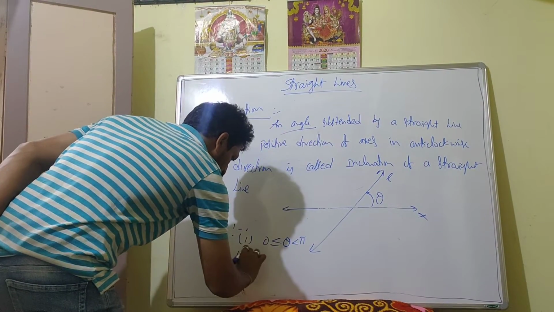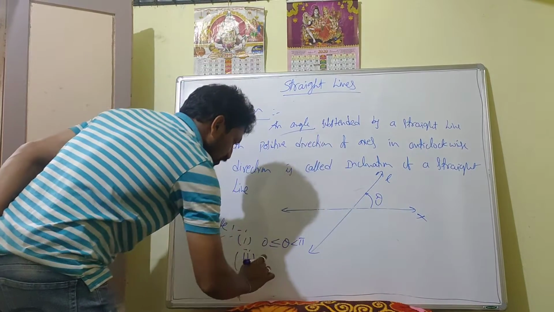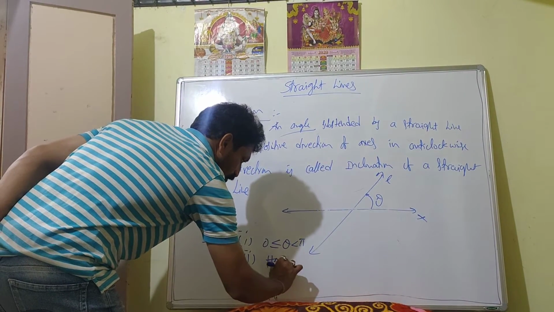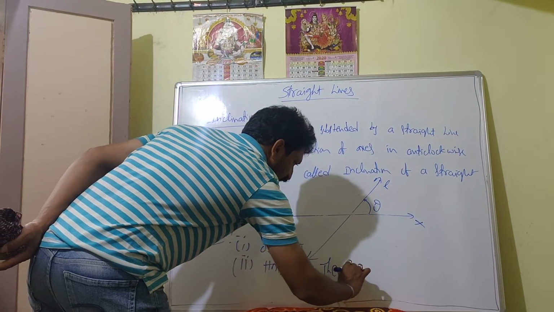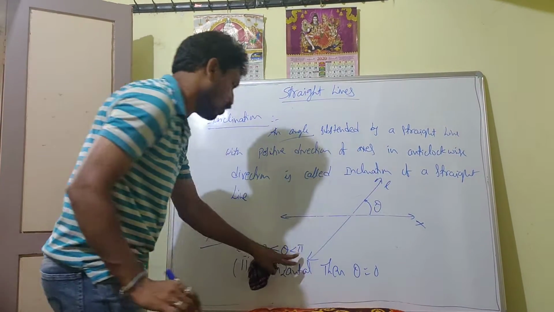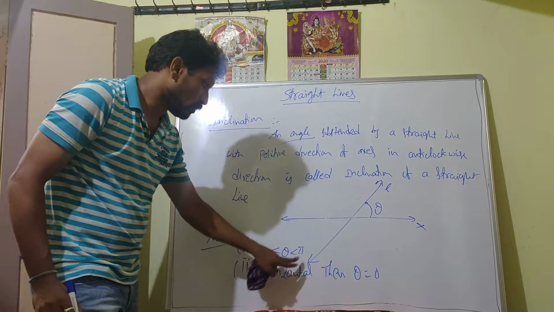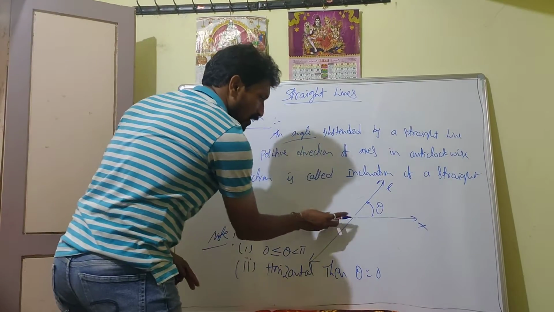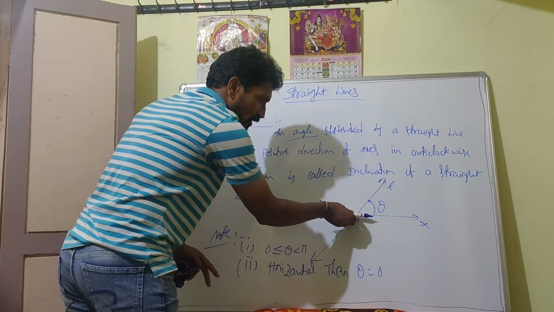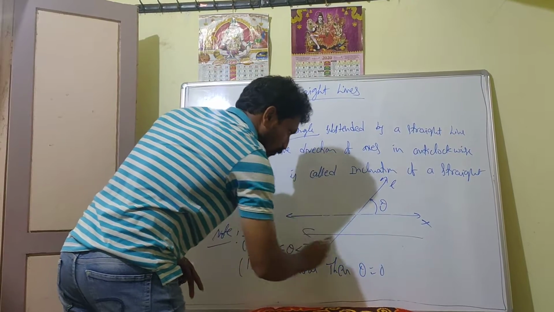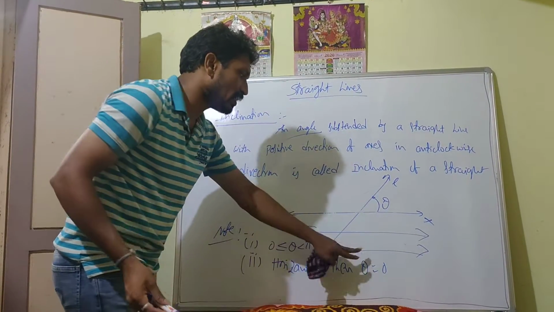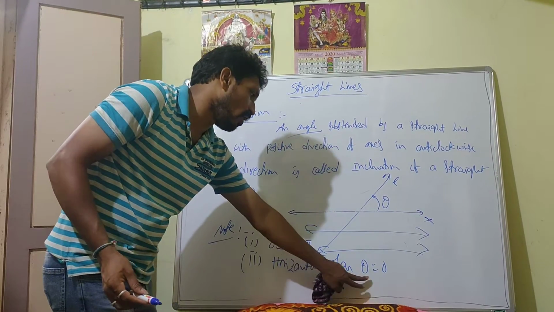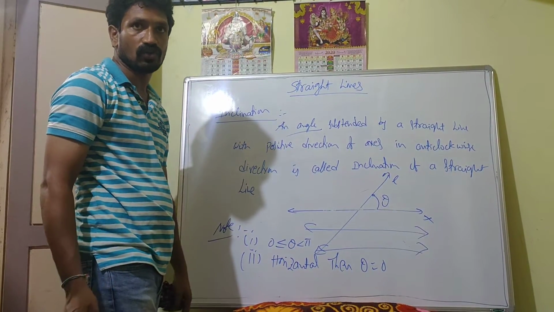The second note is, if the straight line is horizontal, then theta is equal to 0 degrees. Don't take pi. It is less than pi. Horizontal means parallel to the x-axis. So if the line is parallel to the x-axis, the inclination is always 0.